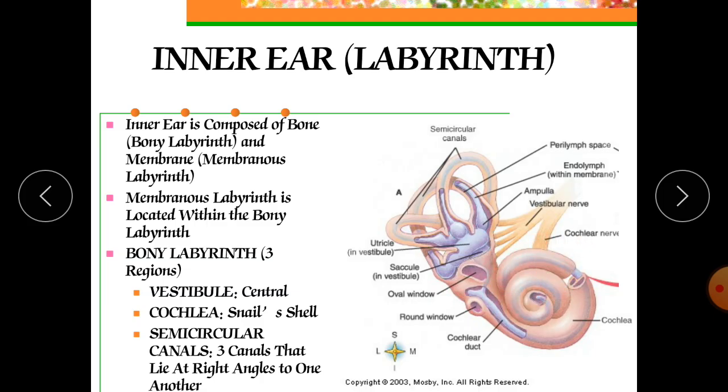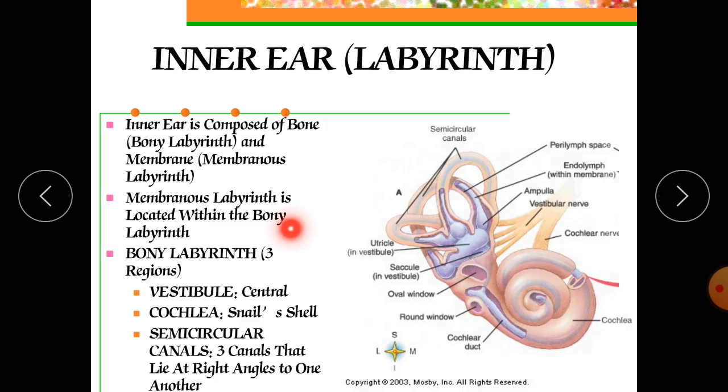The bony labyrinth is lined with periosteum and contains perilymph, a fluid chemically similar to cerebrospinal fluid, which surrounds the membranous labyrinth.